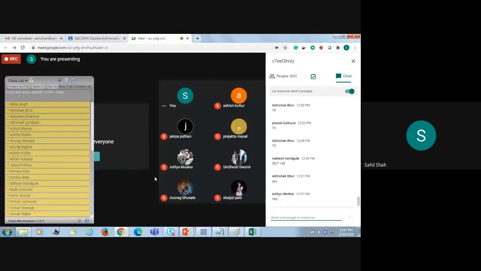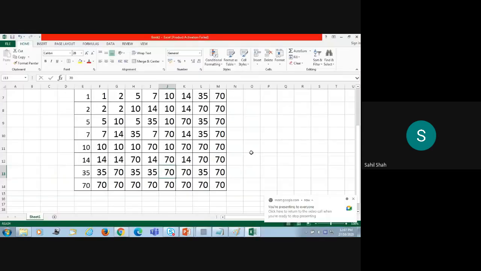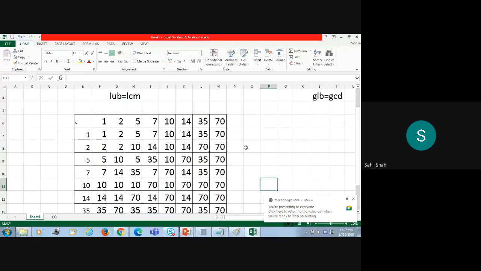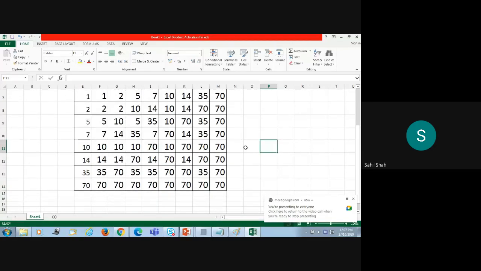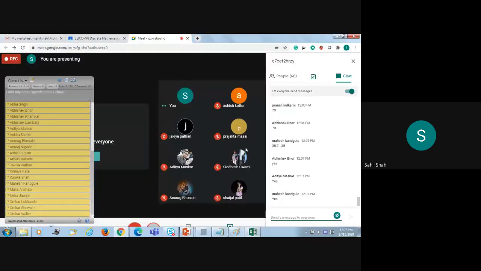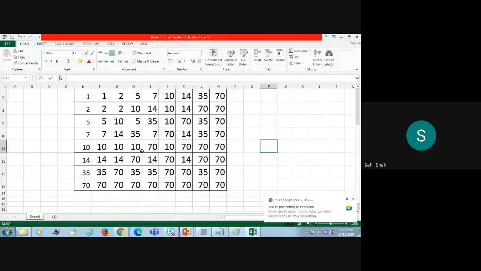Now, whether it is now clear? I have modified it. Okay. Now whether it is clear? Is it fine?